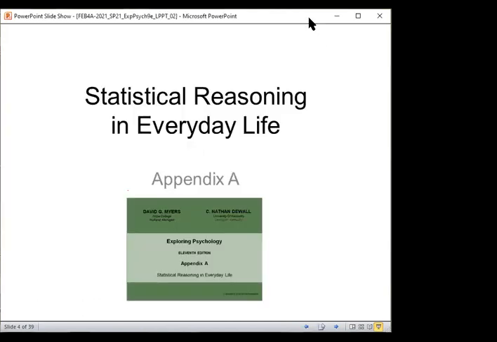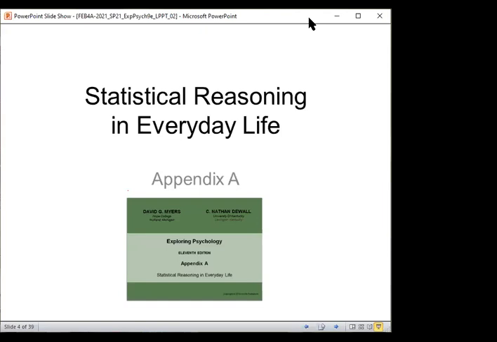So what we're talking about today is statistical reasoning in everyday life. We've talked about research methodologies, and we covered that last class and a little bit of a review during this last session here. What we basically talked about is the theory, and after the theory, we come up with some hypotheses, operationally define some of the concepts there so we can actually measure them to generate some numbers.